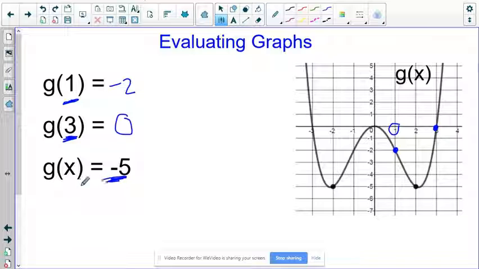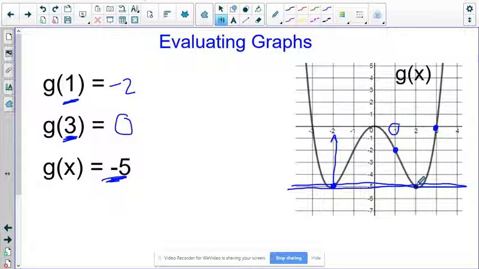Okay, now this one is working backwards. This one is saying g of x is equal to -5, meaning the y is equal to -5. So if I go over here, I'm going to draw a line straight across because my y value is -5. So I'm looking for what x's that would happen at. Notice it crosses right here, and that's when x is -2.